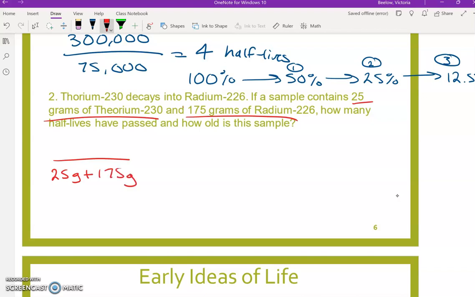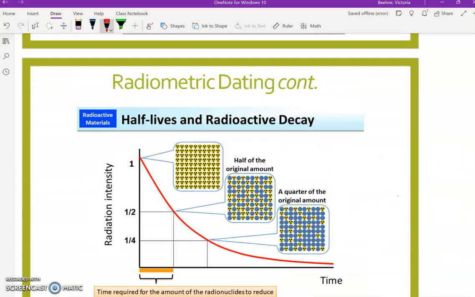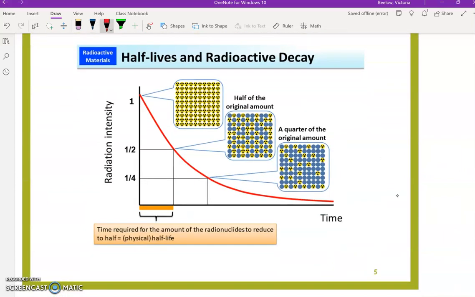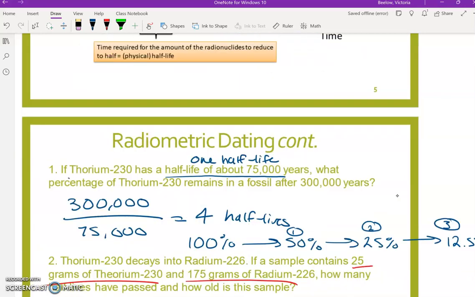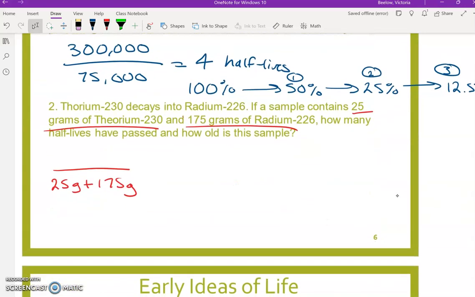That would be the total amount that we have, because remember, both of those together make up the total amount, both the parent and the daughter of that sample.